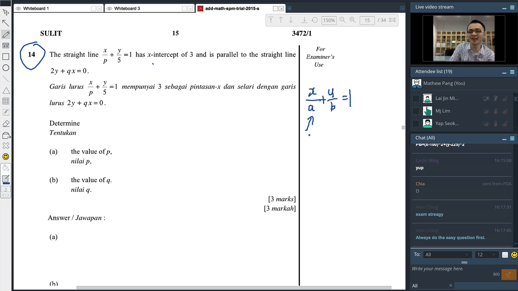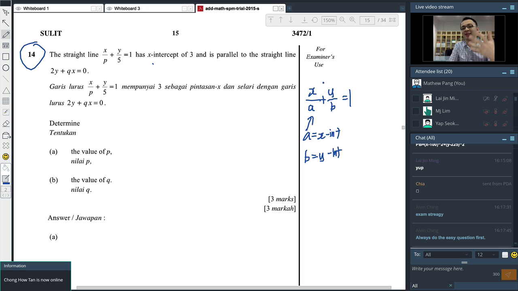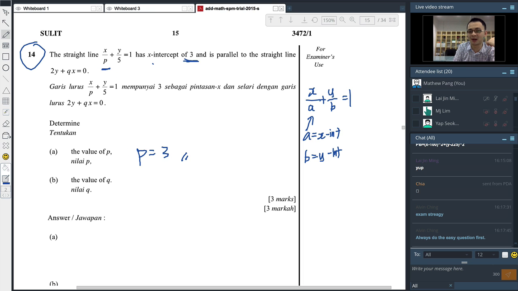That means a is the x-intercept, and b is the y-intercept. You need to be able to understand the intercept formula. So if x-intercept is 3, I know my p value is equal to 3. The first one, just 1 mark, p equals 3.